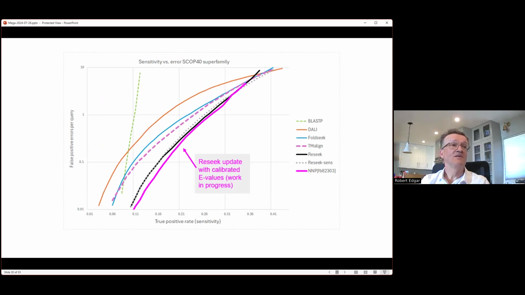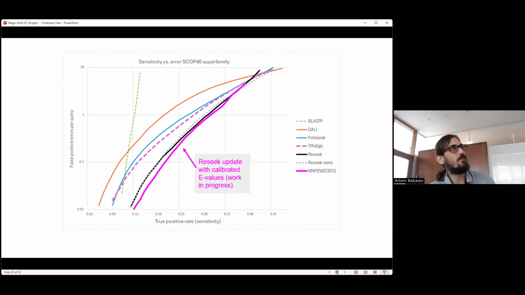But here DALI is performing worst on SCOPe until you're really getting to convergent folds. So I think you have a hard time explaining why this is so badly biased against DALI.